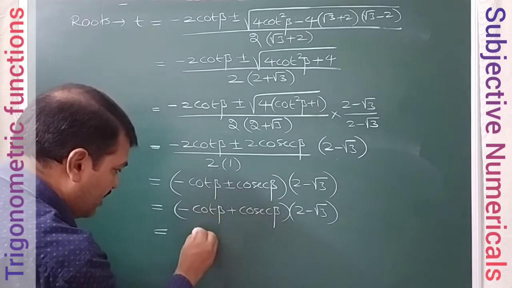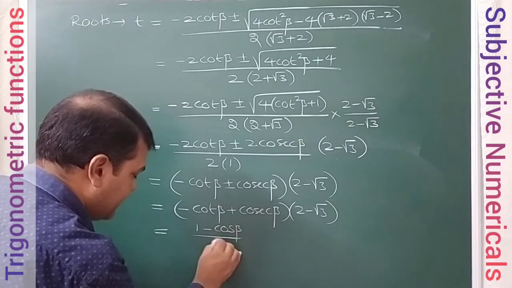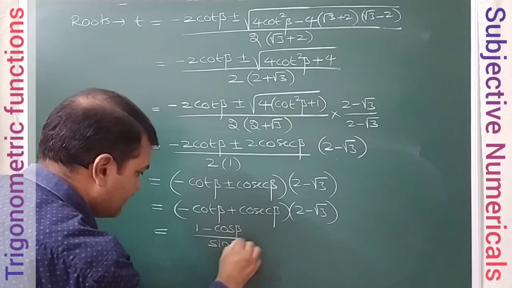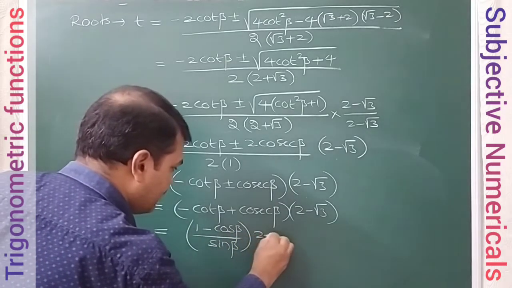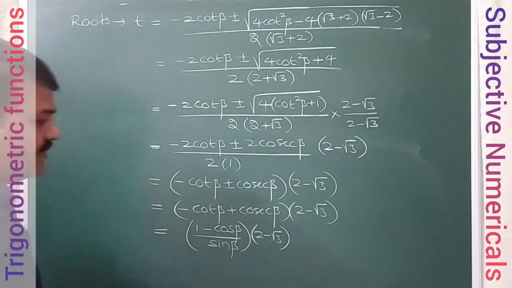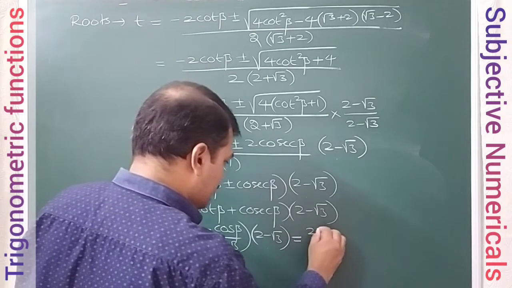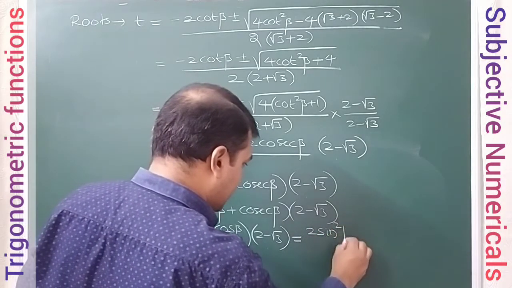So simplifying, what we will get? 1 minus cos beta by sin beta into 2 minus root 3. So what is 1 minus cos beta by sin beta? 1 minus cos beta is 2 sin square beta by 2.